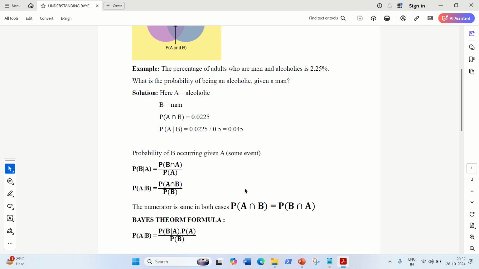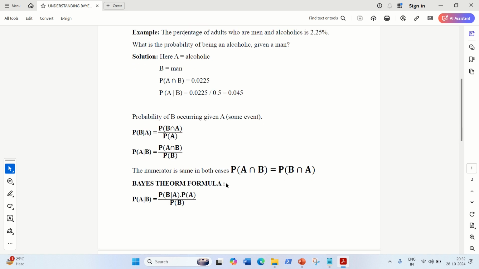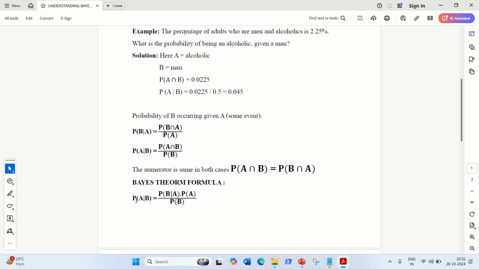From here we can easily derive the formula of Bayes theorem. If we are finding P of A given B, it equals P of B given A times the probability of A, divided by the probability of B. Here A and B are the two events, right?